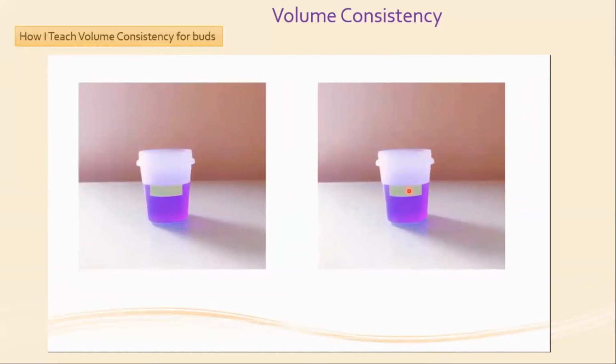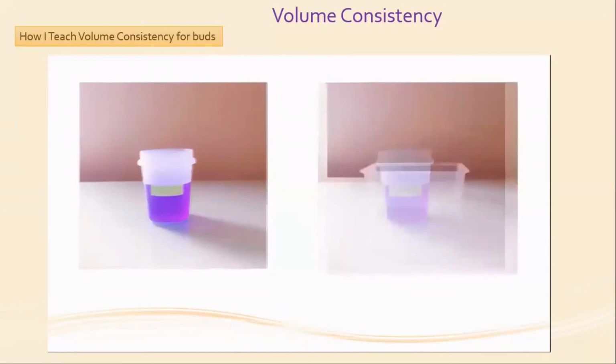Okay. For instance, you can see these two containers have the same amount of water. That means this container and this container are the same because they have the exact same amount of water. Now, if I take just one cup and pour it into this bowl, let's see how it looks.